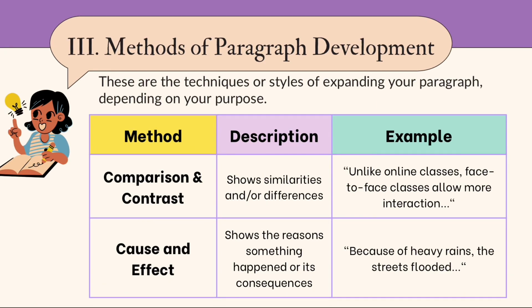Example, unlike online classes, face-to-face classes allow more interaction. Use this when you want to help readers understand by comparing ideas side by side. Cause and effect explains why something happened or what happened as a result. Example, because of heavy rains, the streets flooded. This method is great for explaining situations or analyzing problems.